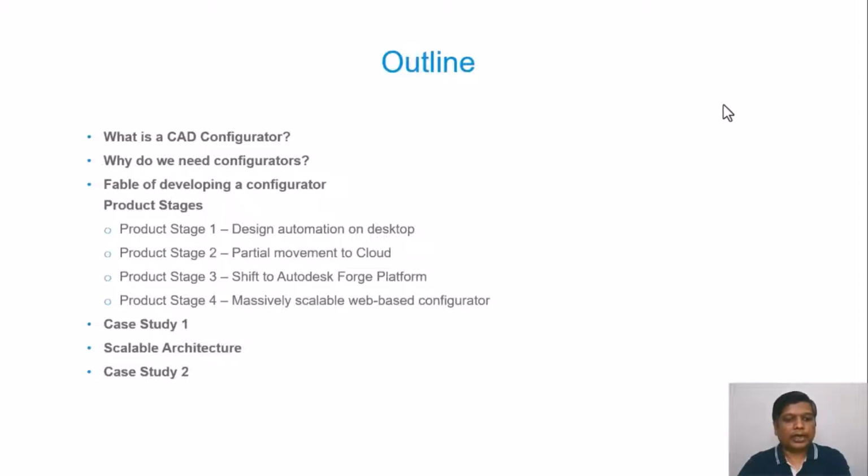And at the end, we'll scale your solution to something massive. We'll also be talking about some case studies, and we'll give you the recipe for how this massively scalable web configurator can be made on AWS.